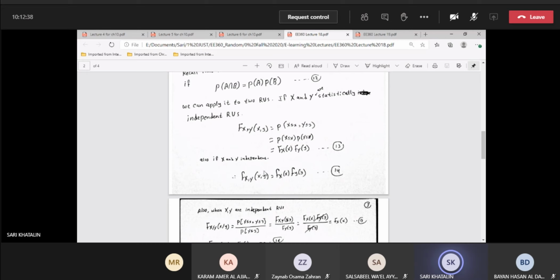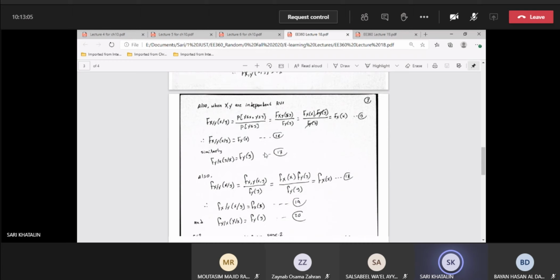Similarly for the PDF: if you take the marginal PDF of x times the marginal PDF of y, and you end up with the joint PDF of x and y, then x and y are independent. Otherwise, they are not. Okay.